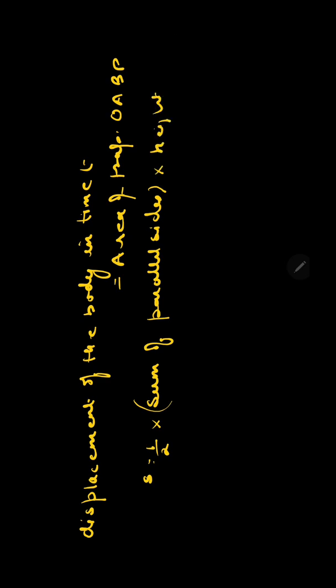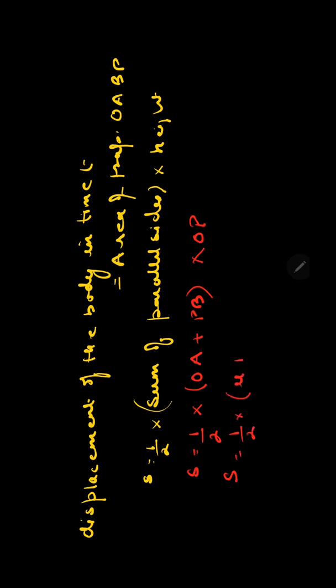Half, the sum of the parallel sides are here, OA plus PB, and the height is your OP. So s is equal to half into (u plus v) into t.